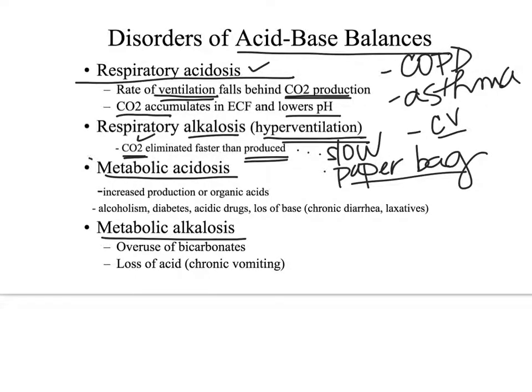Okay, now metabolic acidosis is acidosis that is coming from something other than respiratory. Okay, so it's something more systemic. So it could be due to alcoholism, diabetes. If someone has untreated diabetes and they're making lots of ketones, so they're burning fats, it leads into ketoacidosis.